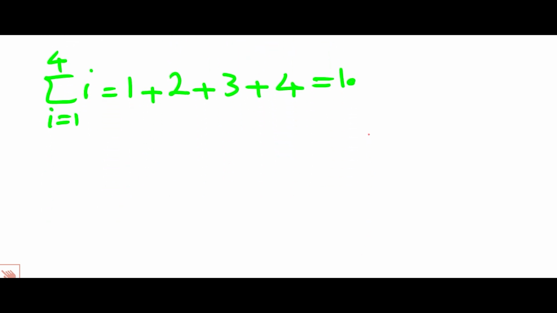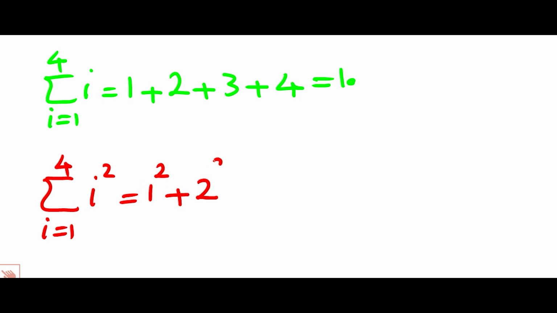And the sum of i squared from i equals 1 to 4 equals, when i equals 1 we have 1 squared plus 2 squared, when i equals 2, when i equals 3, when i equals 4.